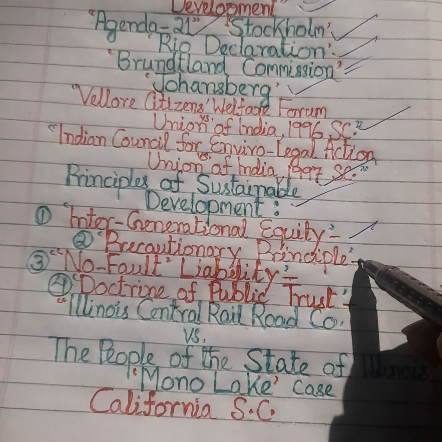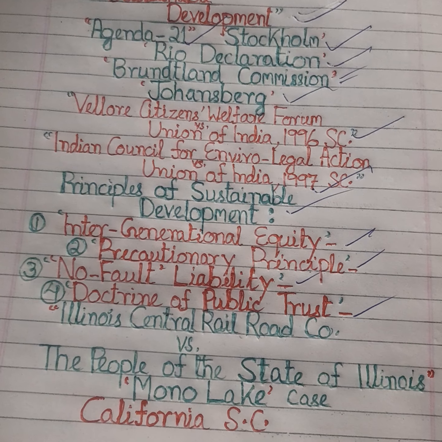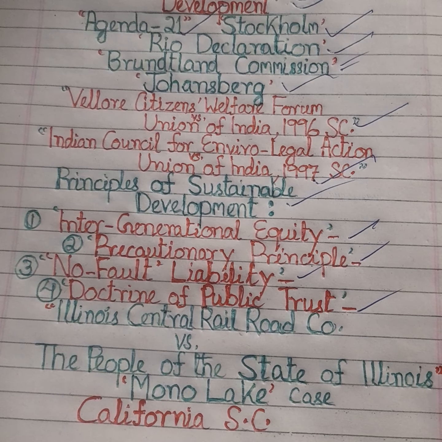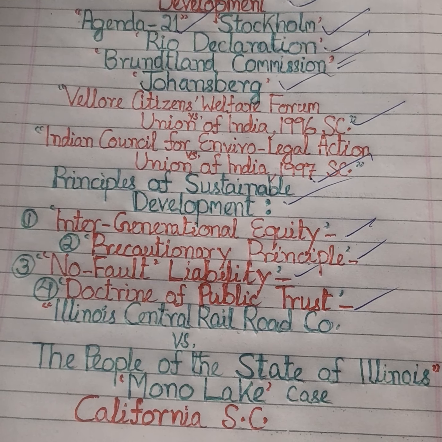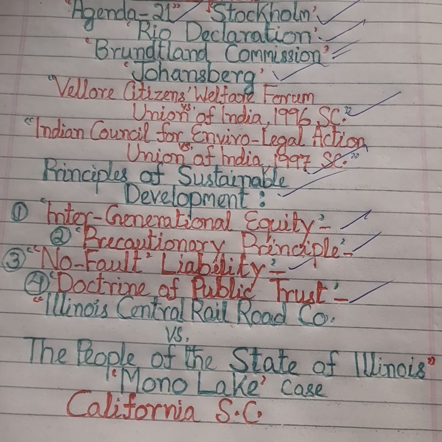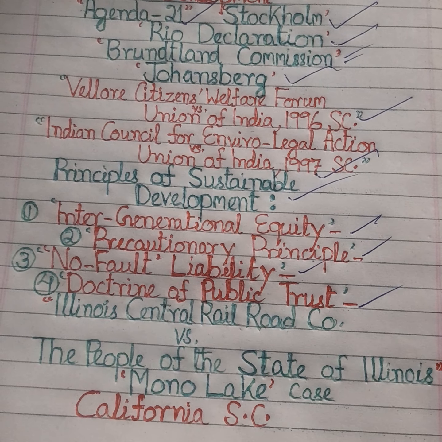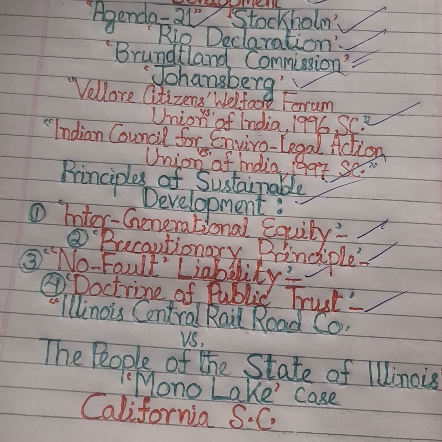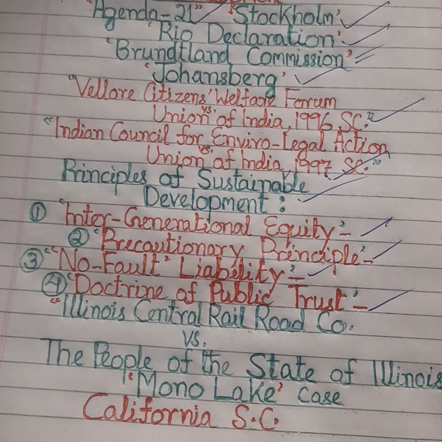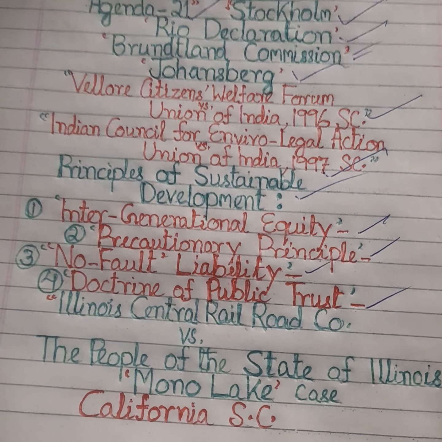These are the principles laid down under the report submitted by the Brundtland Commission, and the developments made in the 1992 Rio Declaration in regard to Agenda 21, and the summit in Johannesburg, South Africa in 2002.